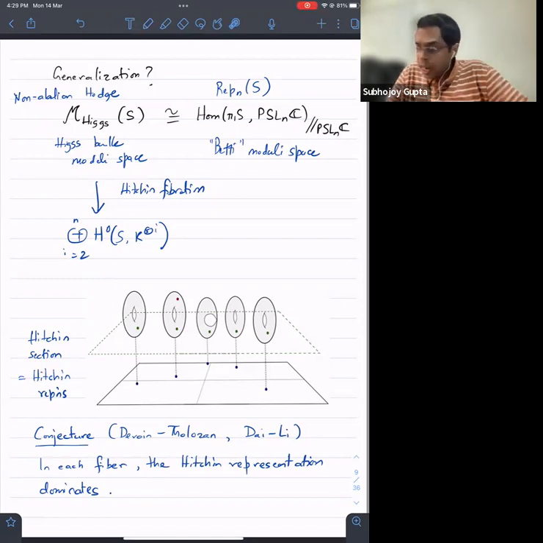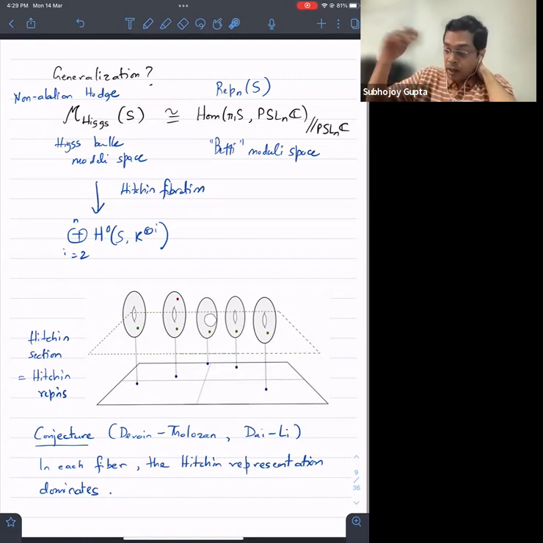And the more general conjecture that Deroin-Tholozan proposed, and it was fine-tuned by Song Dai and Chongling Li, is that in each fiber of this Hitchin fibration, the Hitchin representation, the place where this Hitchin section, this sort of dotted plane, intersects these fibers, is the one that dominates every other representation in a fiber.